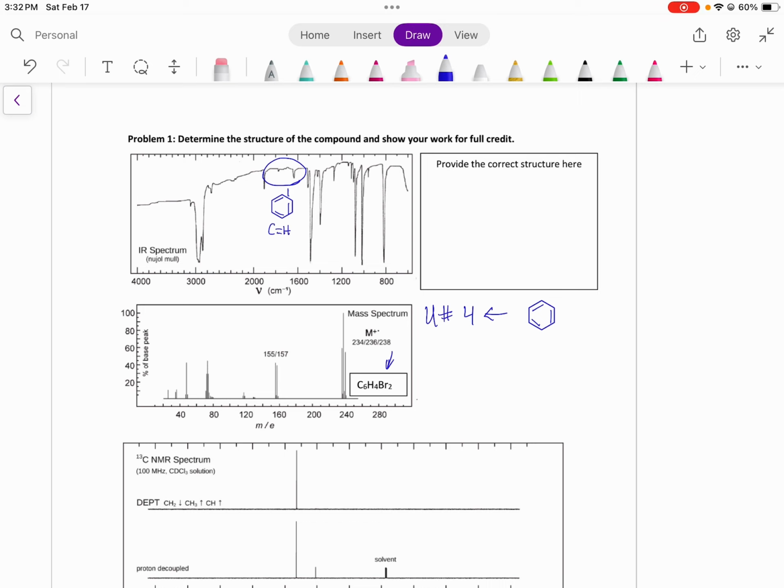Okay, so over here, since there's only 4 H's, we're really just expecting to see CH stretching, sp2, like the double bond, which we usually see over on the other side of 3000. We usually see it over here.